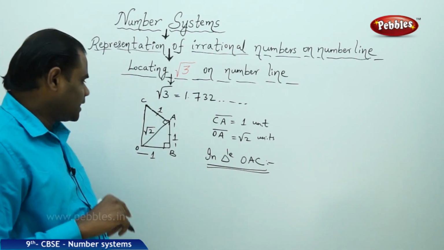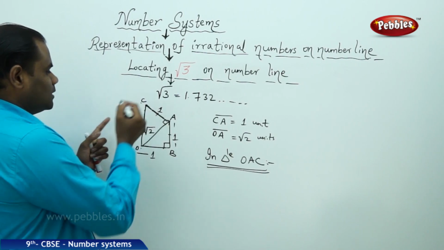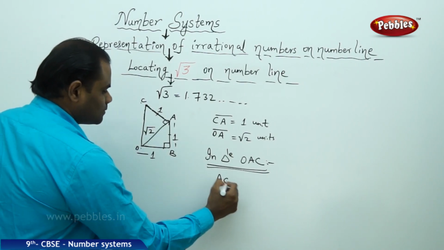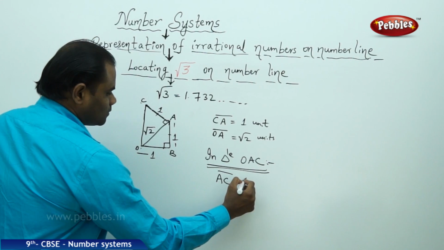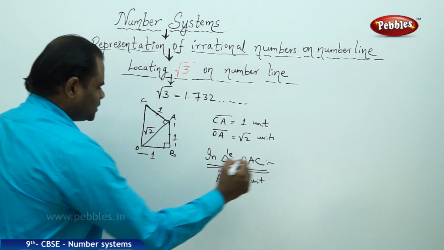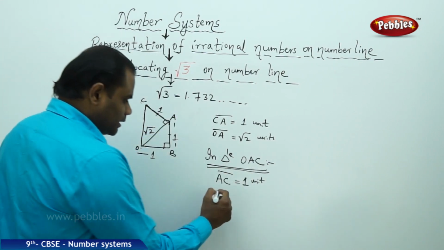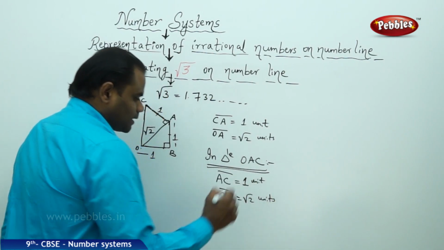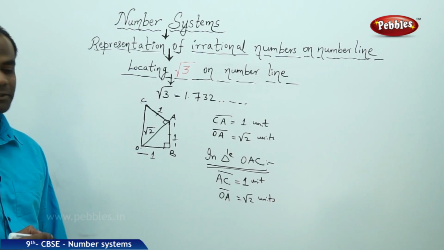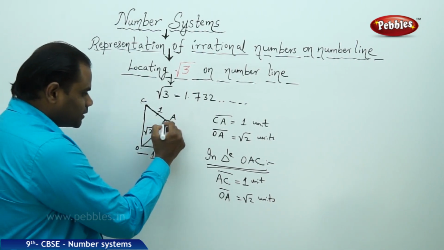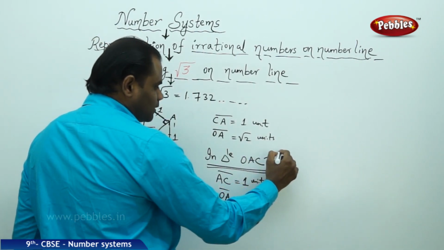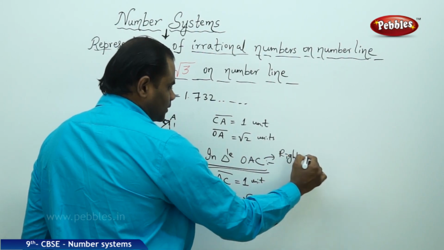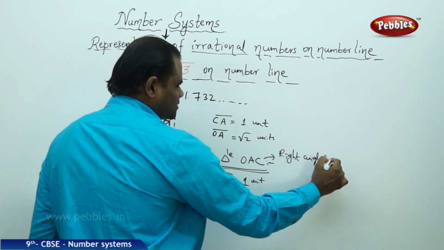As we can see in triangle OAC, AC is 1 unit and OA clearly is root 2 units. And clearly this being 90 degrees, it's a right angled triangle and therefore we have the Pythagoras theorem which comes into existence.